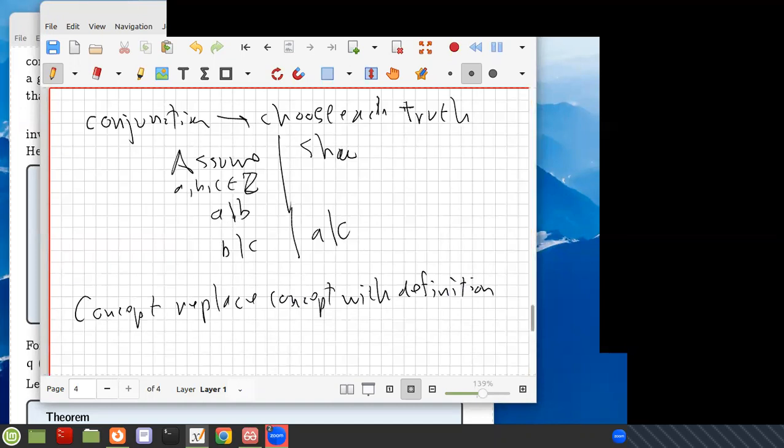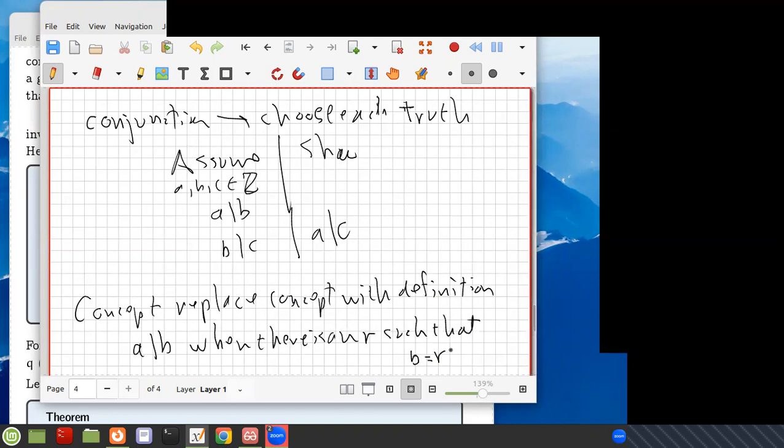So, what is the definition here? Well, A divides B when there is an integer, say r, such that b equals r times a.